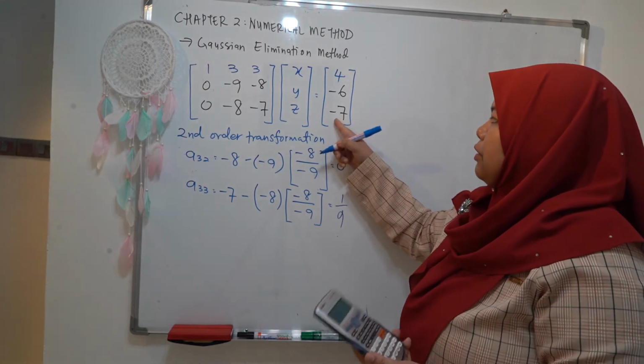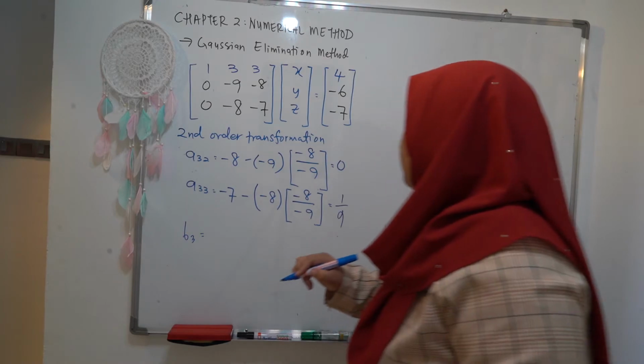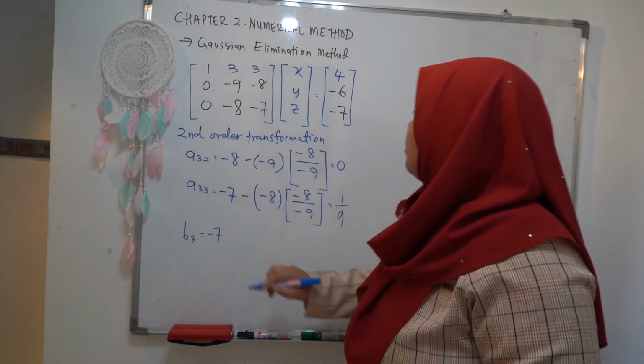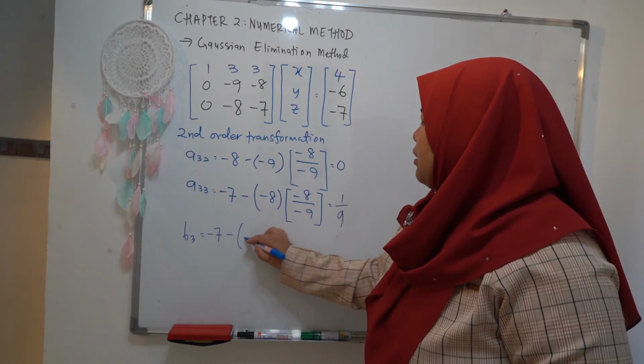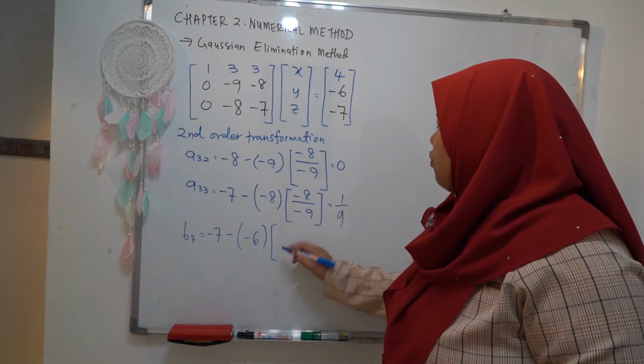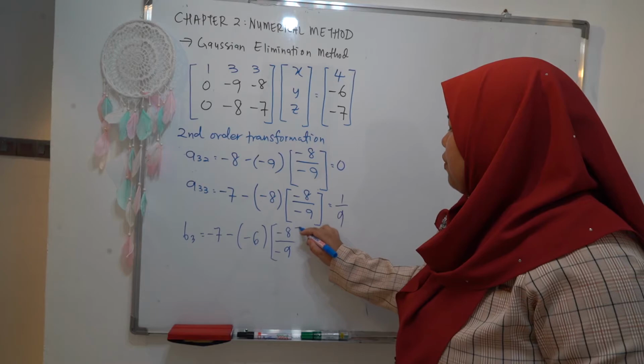The last one is B3. B3 is negative 7 minus negative 6, and I have to multiply with negative 8 over negative 9.